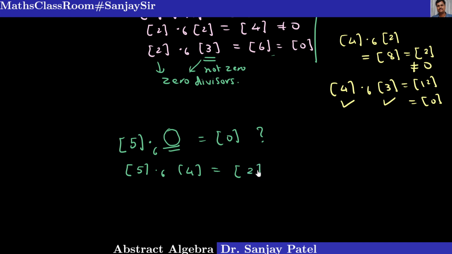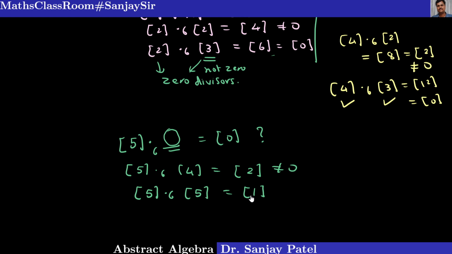So that is also not equal to 0. So I cannot keep 4 also. Can I keep 5? 5 into 5 is 25, and 25 is congruent to 1 modulo 6, because 6 4s are 24 and the remainder will be 1 when 25 is divided by 6.